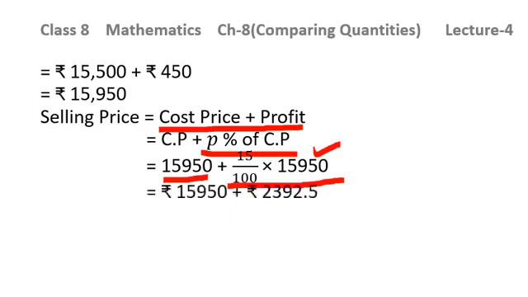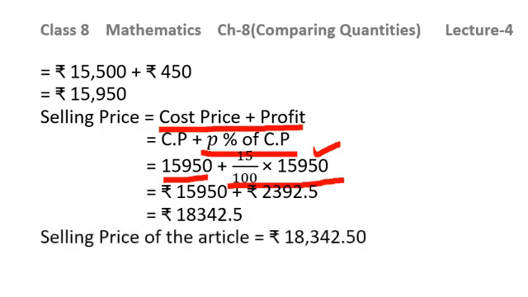After solving this, you will get 15,950 plus 2,392.5. Then the total will be 18,342.5. So the selling price of the article will be 18,342.50. So this was the question based on the concept of overhead expenses.